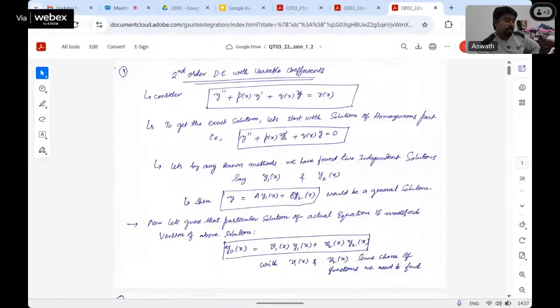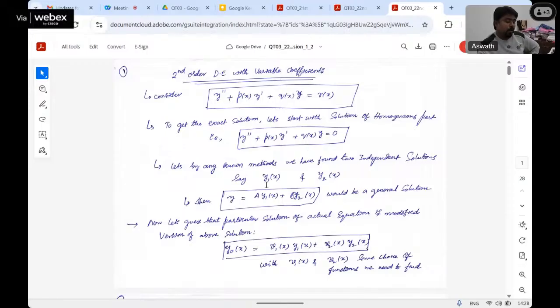Let's say this homogeneous part has two independent solutions, y1 of x and y2 of x. Taking the superposition of those two, a linear combination, I will have a generic solution for this homogeneous part.